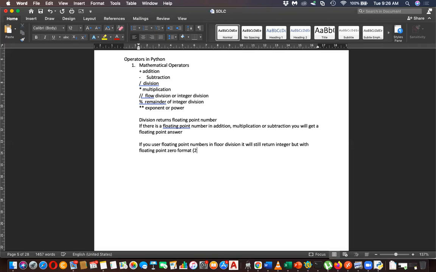Example, 2 will be given as 2.0, but still 0.0 only. You will get only 0.0.